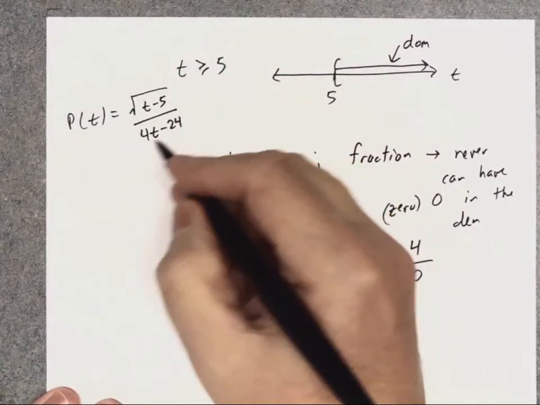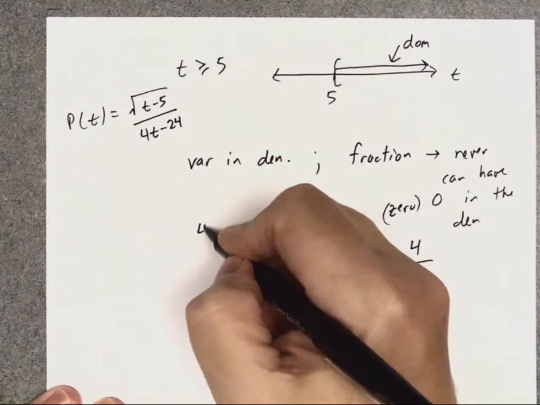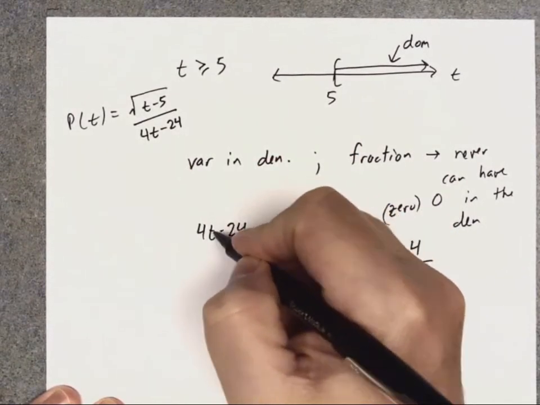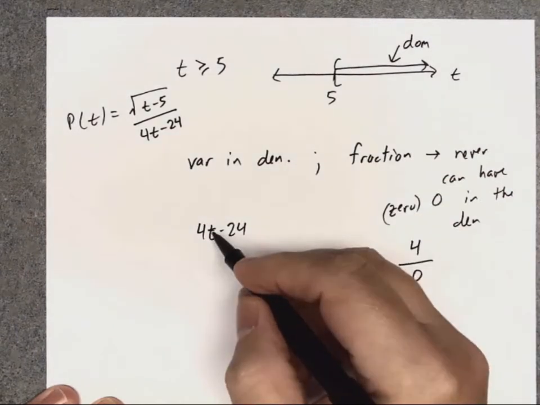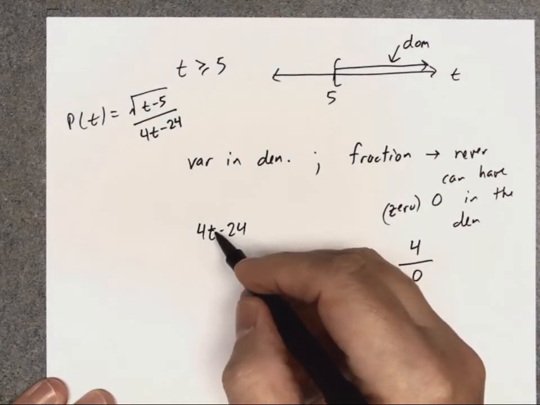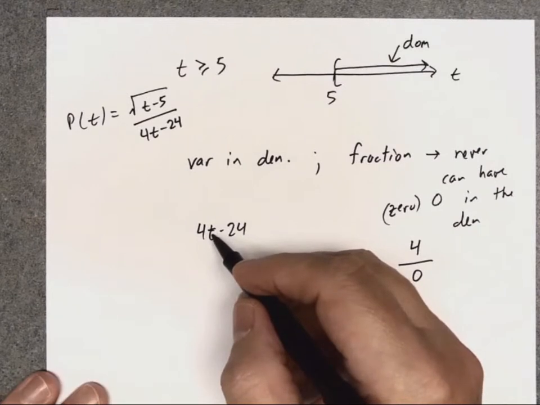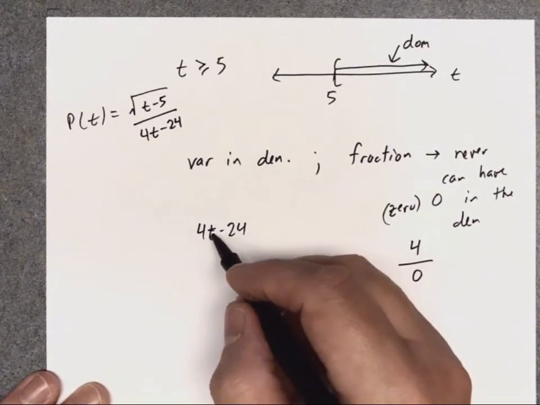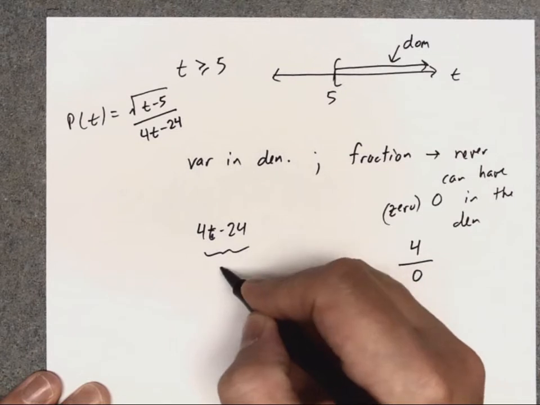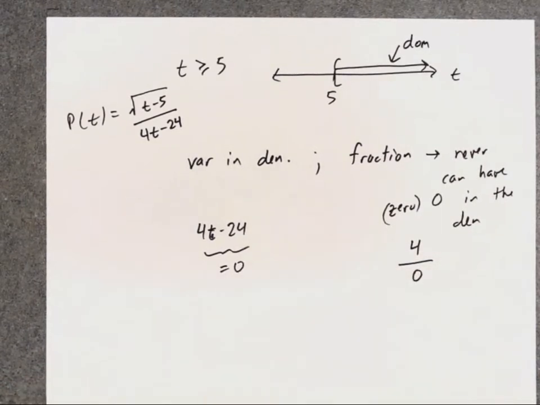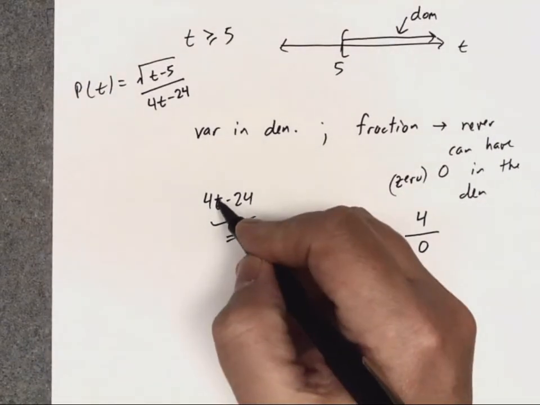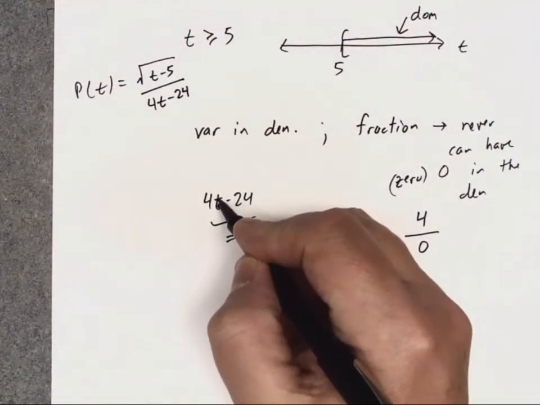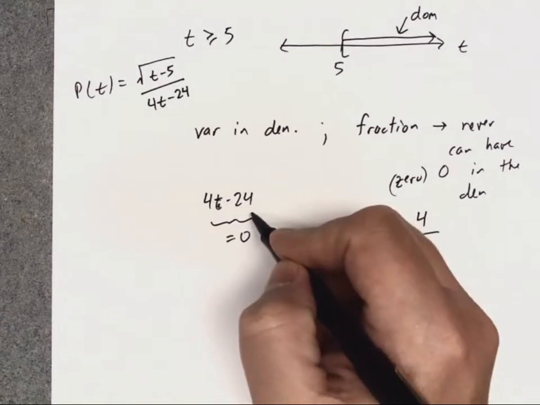Now, if I look at my function, let's look at my denominator. Since I got a variable here, I'm thinking, well, t can be anything, right? Well, no, it better not be. If there's a value for t that I plug in here, and this whole thing ends up being 0, then I got a problem. So what I have to do is figure out what number for t will cause this thing to be 0.